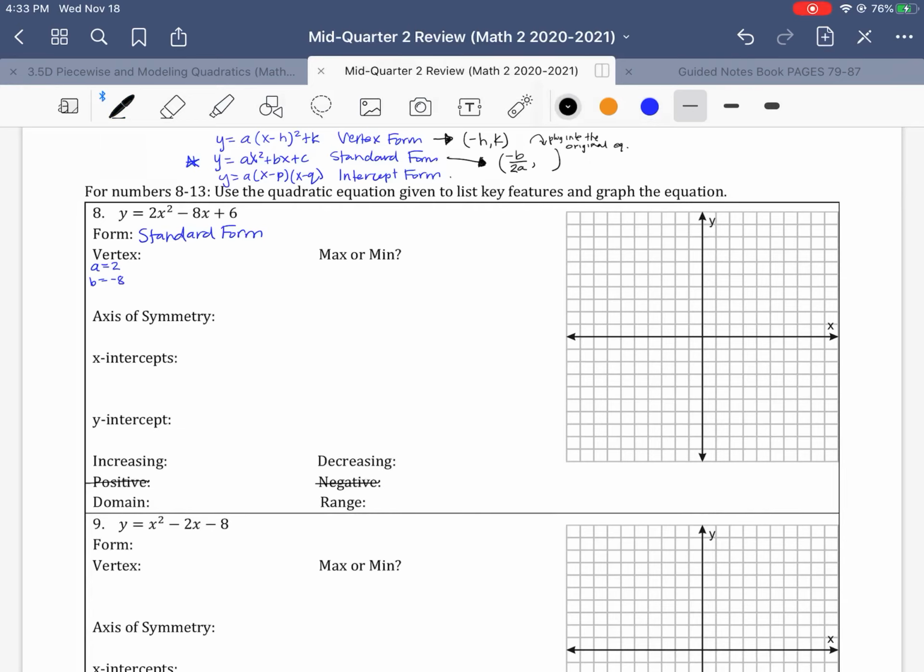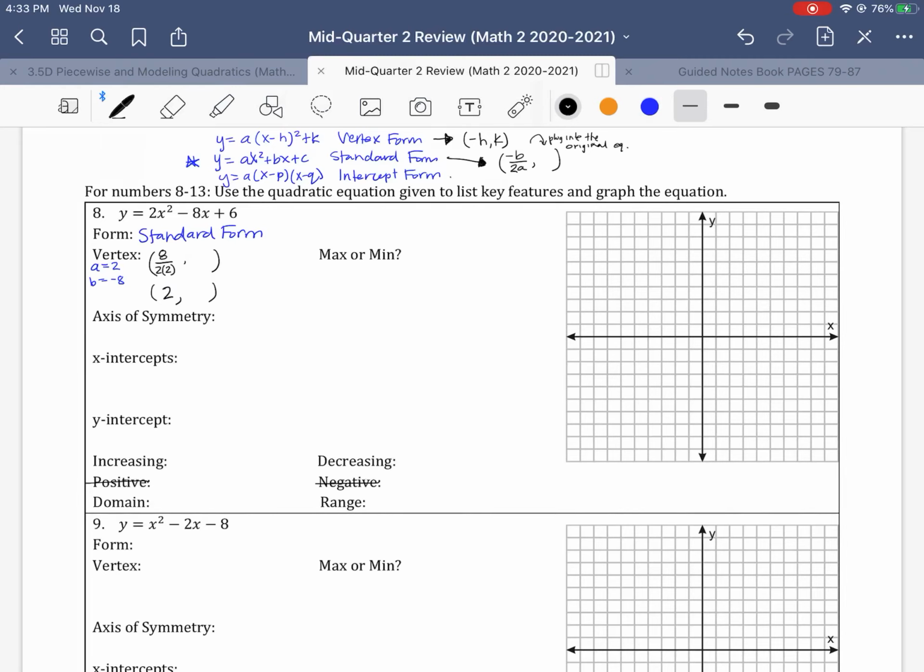So if I want to find the vertex, I'm going to take negative 8, but it's like a negative 8, so positive 8 divided by 2 times the a value, and my a value is 2 in this case. And that would give me the x value of the vertex. I'm going to write this kind of weird so that you can tell that's what I'm finding in the vertex. 2 times 2 is 4, so 8 divided by 4 gives me a 2 there.